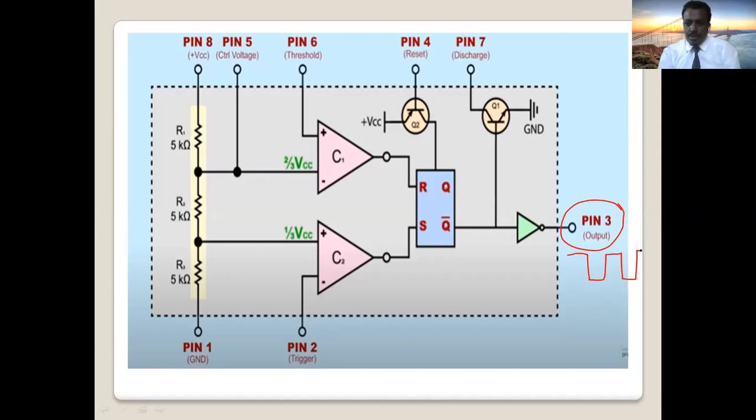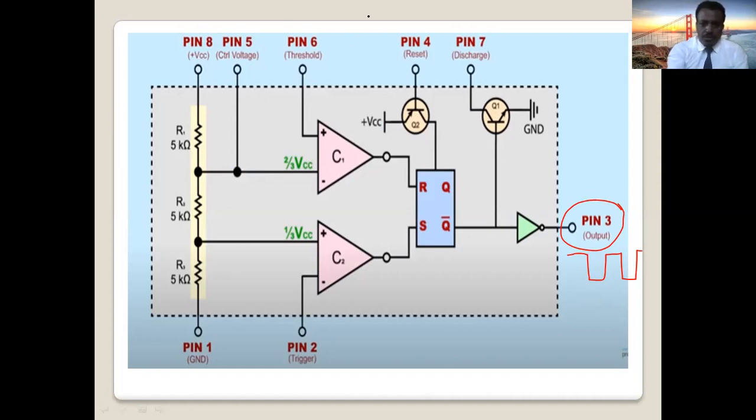High means on, low means off. You can call it like that, or you can call it 1 and 0. So this output can be high or low, depending on what? It depends on the inputs we apply to the 555 timer. So what are the inputs?